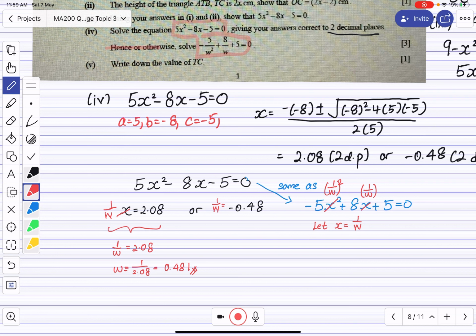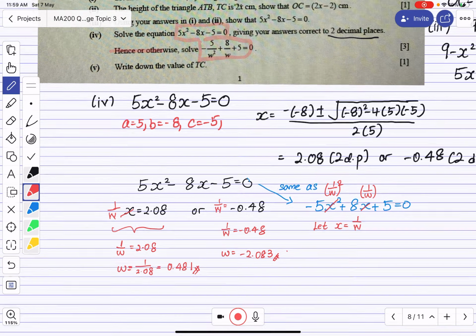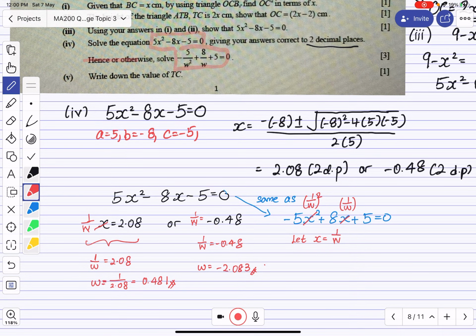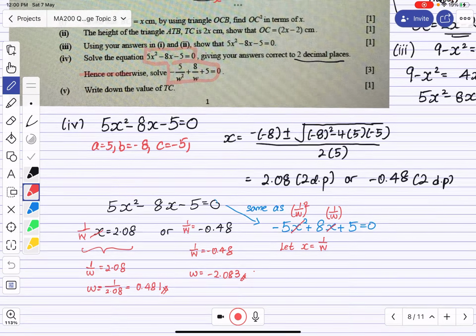I'm going to put this to 3 significant figures, since the degree of accuracy is not specified and the answer is not exact. Now if 1 over w is negative 0.48, w will be equal to negative 2.083. Again, I put this to 3 significant figures since the degree of accuracy is not specified. So that is for part 4.